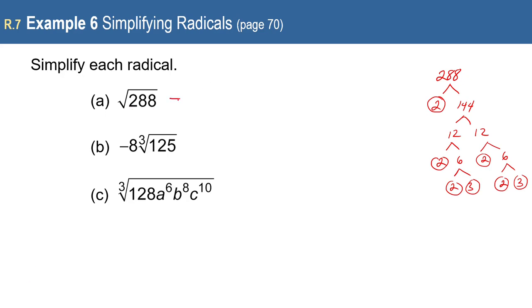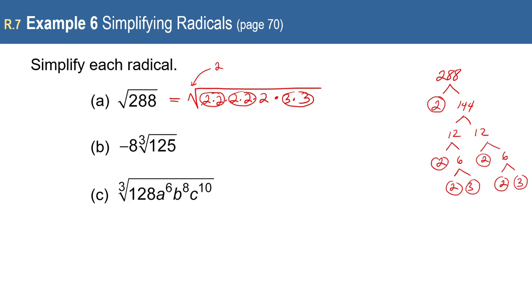This now can be rewritten as the square root of 2 times 2 times 2 times 2 times 2 for 1, 2, 3, 4, 5 2's, and we have 2 3's. Now recall that the index is a 2 because it's invisible. We are taking the square root, so we're looking for groups of 2.